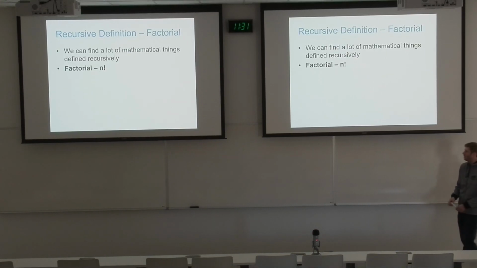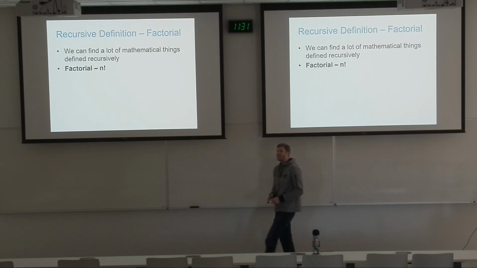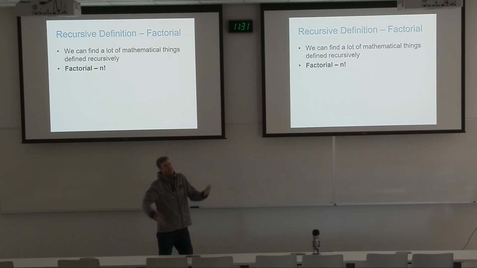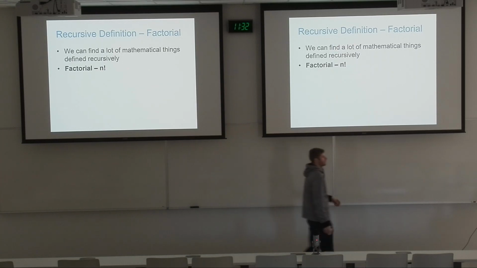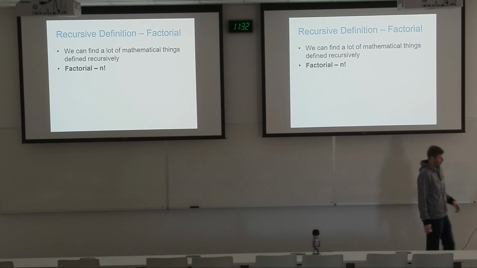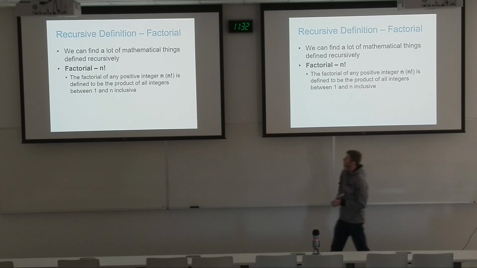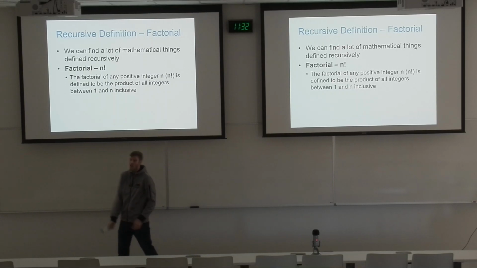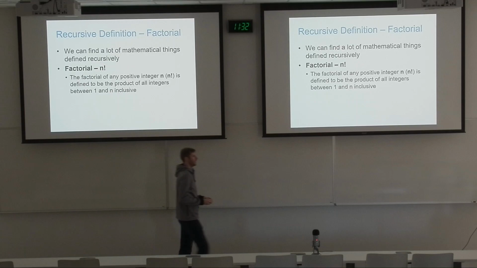So, factorial. We talked about this last time. And defining factorial recursively is so much easier than any other way to do it. So, factorial, the exclamation point means factorial. The factorial of any positive integer n is defined to be the product of all integers between 1 and n inclusively.